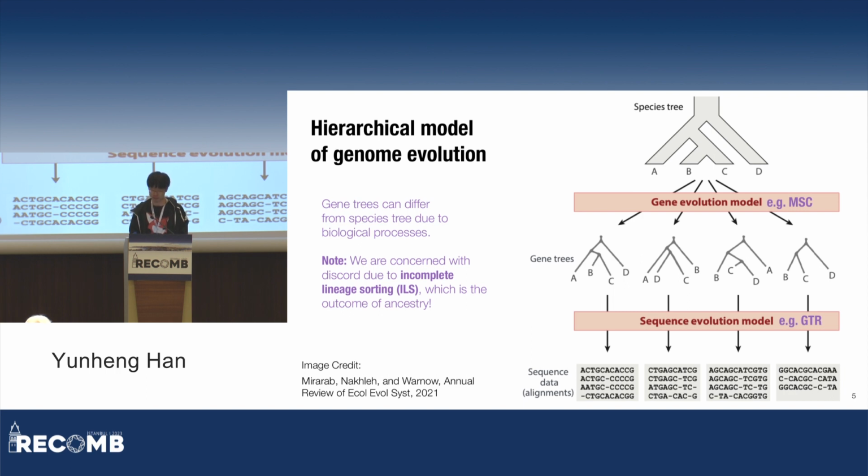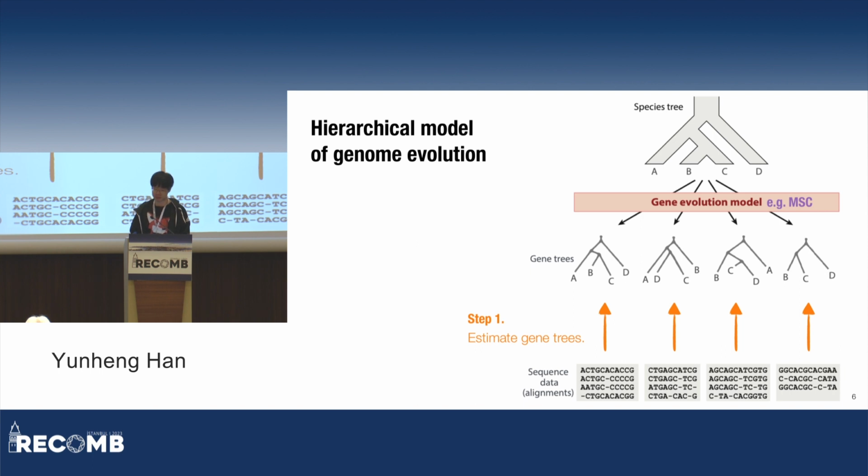After that, we generate a set of alignments for each gene tree, for example, using the generalized time reversible model. Then we get a set of biological sequences, which in reality is the observation, or the input of our method.